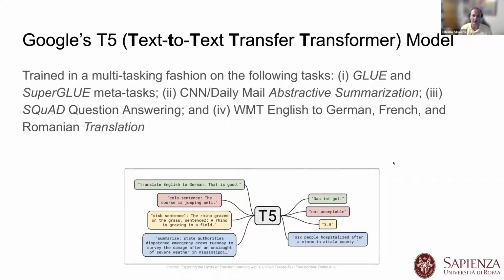It's called the text-to-text transfer transformer, or T5 for friends, which extends the concept of self-supervision to multitasking, where multitasking is done both on the self-supervised part, where you train on different self-supervised tasks, but also on supervised tasks. Here, I list some of them. Translation is one, natural language inference is another one, and you name it. There are several tasks.